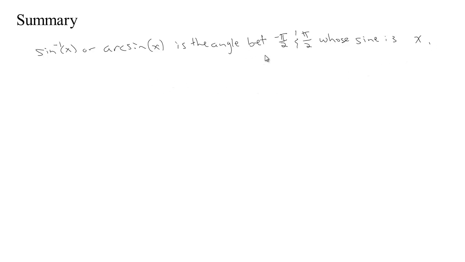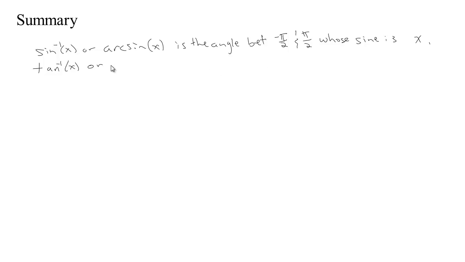Now the other ones that give you angles between minus pi halves and pi halves, that's the whole key, right? It's knowing what an inverse function does. Since a trig function typically takes an angle and gives you back a number, any of these inverse trig functions are going to take a number and give you back an angle, and so the only key is to know what range the angle's in.